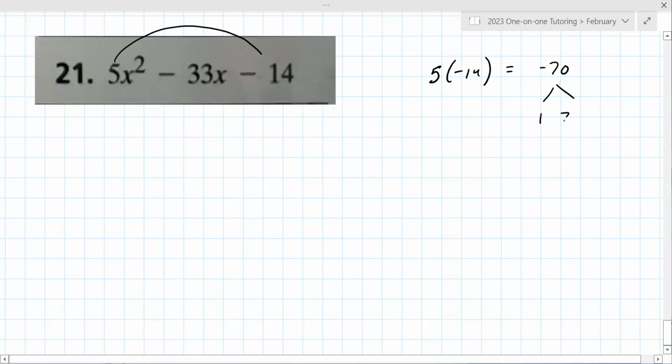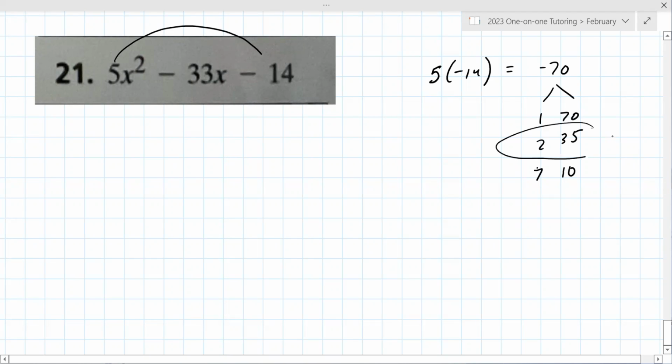When I'm making the list here, one of the things that I'm doing, this one actually didn't have that many, is I'm looking for them to be 33 apart, that number there. Like 1 and 70 are 69 apart, 2 and 33 are 33 apart, 7 and 10 are 3 apart.